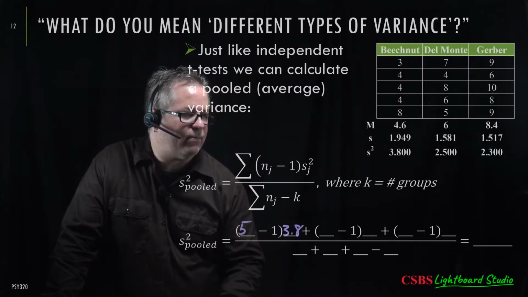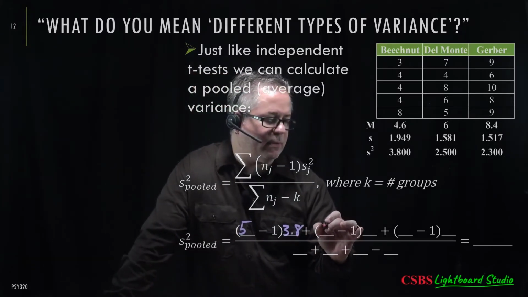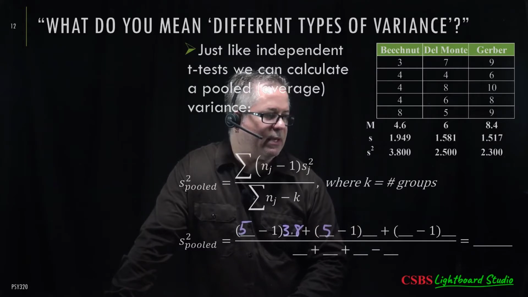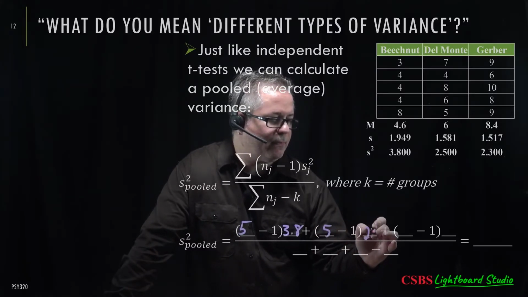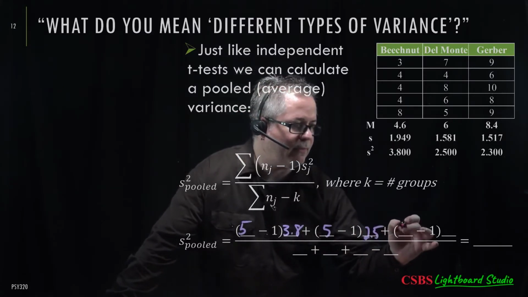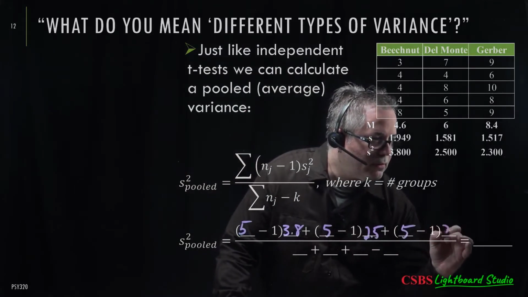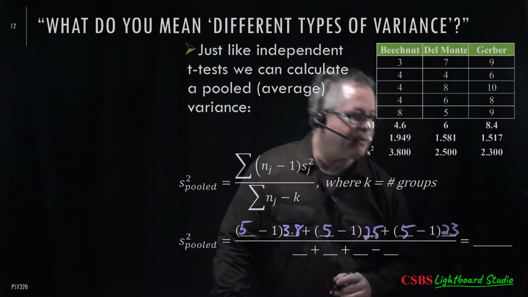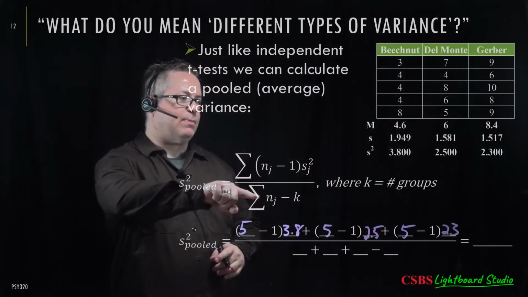So there's 5 minus 1. The next one also has 5 minus 1 because it is the same size. It's got a variance of 2.5. And this one's also going to be 5, and this one's got a variance of 2.3. Like that.